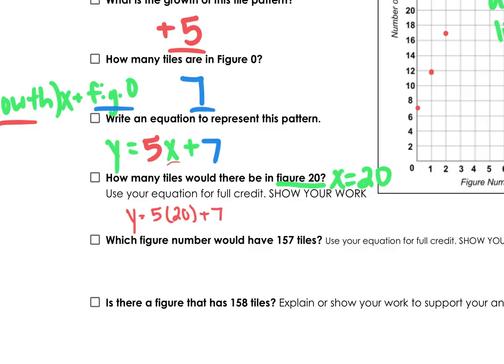The first thing we do is 5 times 20, which is 100. Then we add 7, which is 107. So there are 107 tiles in figure 20.